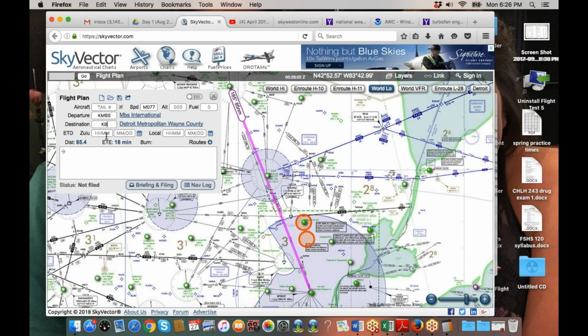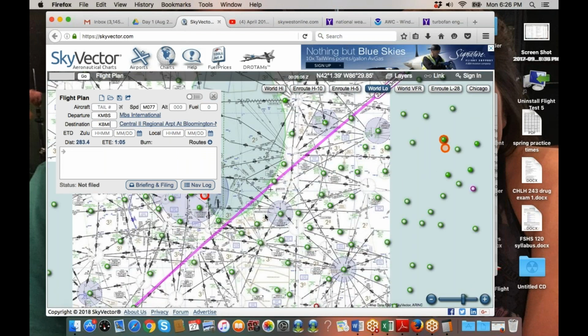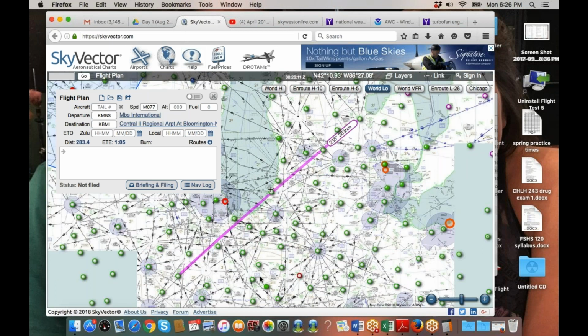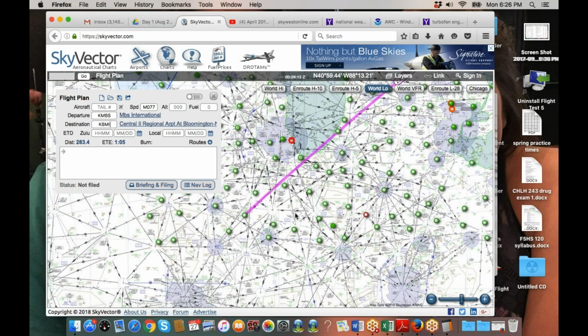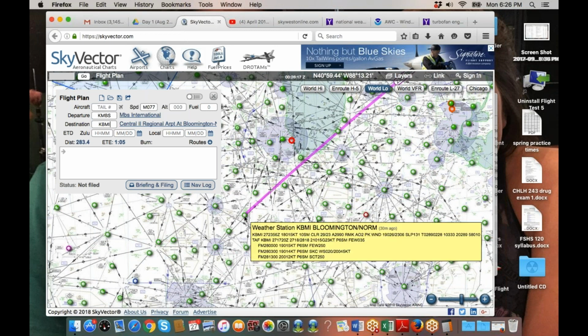We'll go Saginaw to Bloomington. So Bloomington, Illinois used to be like my favorite airport. I went to the University of Illinois, which is like right over here. And so I used to fly in and out of Bloomington all the time. I had flight benefits then as well.